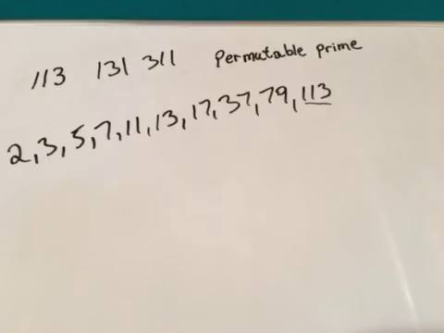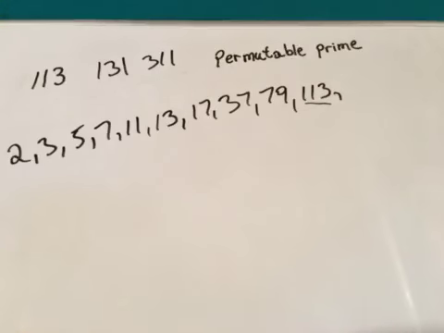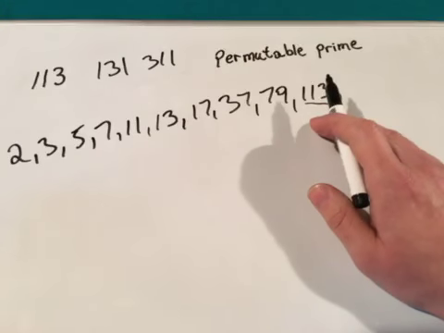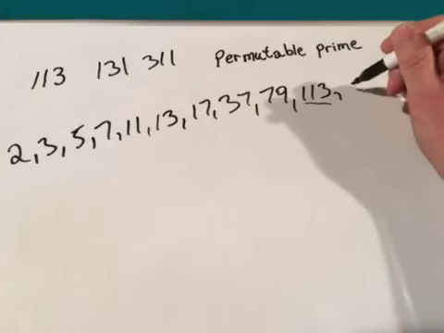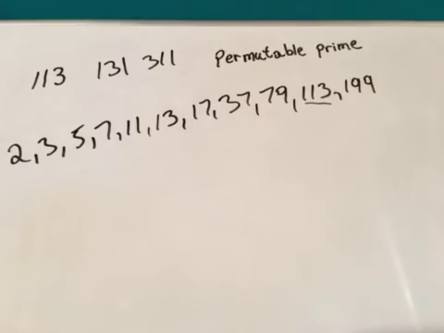Okay, kind of cool. But how long does this sequence go? Well, I think the next permutable prime after 113, I believe it is 199. Okay, 199.